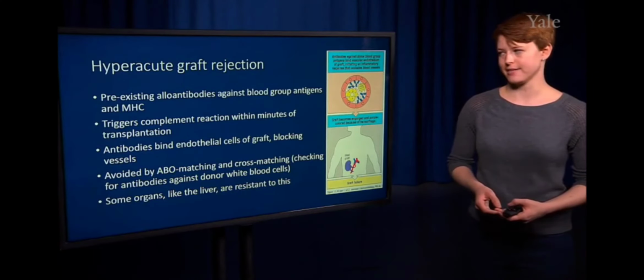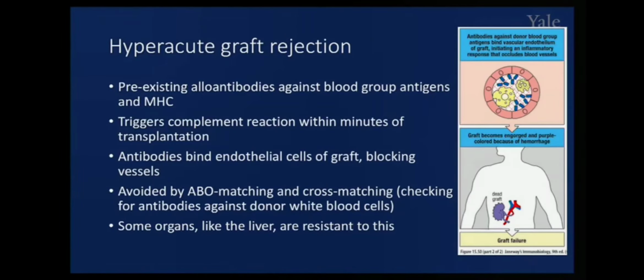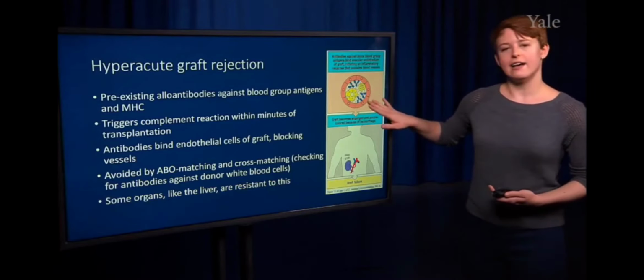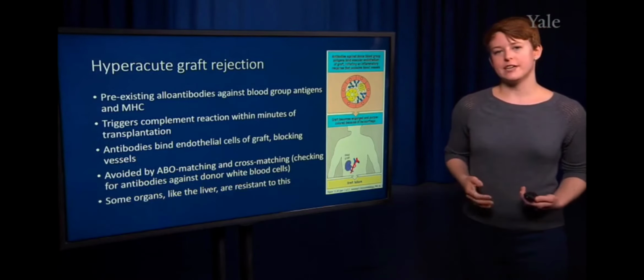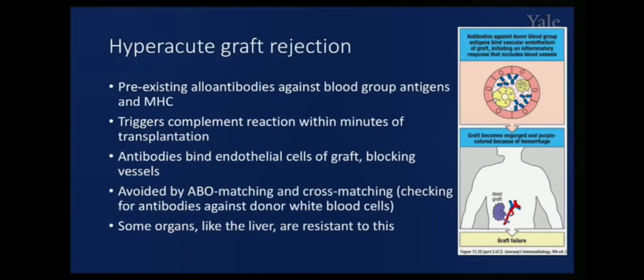This is a response that triggers complement within minutes of the transplantation, so still during the surgery. The antibodies against these donor antigens can bind the endothelial cells within the graft, and this can eventually lead to a buildup of complement seen here, which can block those blood vessels. And if enough blood vessels are blocked, the graft cannot receive enough oxygen and it will die.